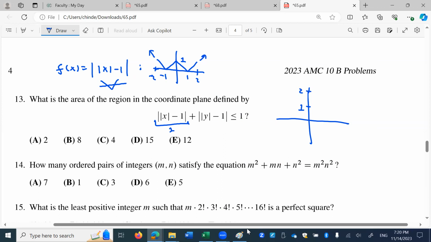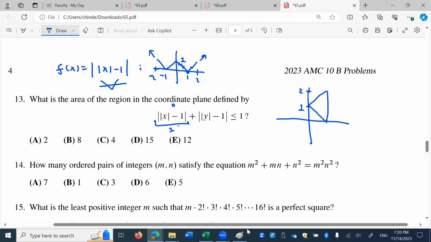And now, as x increases from 0, the value of this term decreases with slope 1. And so the potential y values will increase from 1 in both directions at the same rate. And by the time we reach x equals 1, this first term is equal to 0, which means that y can be any value from -2 to 2, or in the first quadrant, just from 0 to 2.